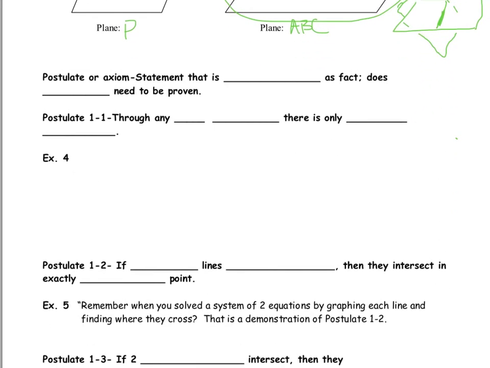A postulate or an axiom. This first half of geometry is going to be filled with postulates and axioms, and then theorems. So you're really going to have to remember all of them, because you'll be using them in proofs. And you really can't just disregard them like you may have done in the past with definitions.